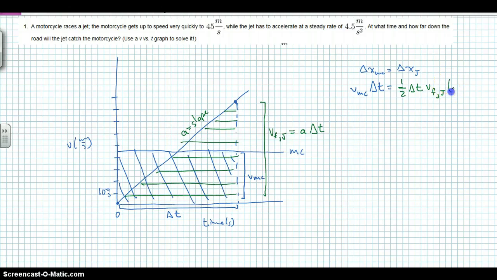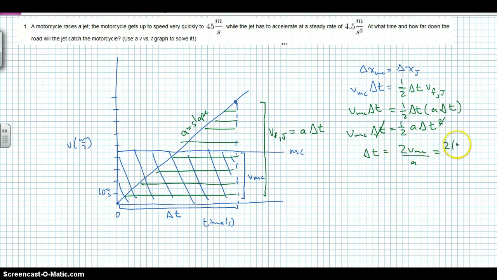So that's not something that will always be true, but that's true in this case. So I can rewrite this right side like that. And now I can solve. If I simplify this right side a little bit, cancel the delta t, and solve for delta t.